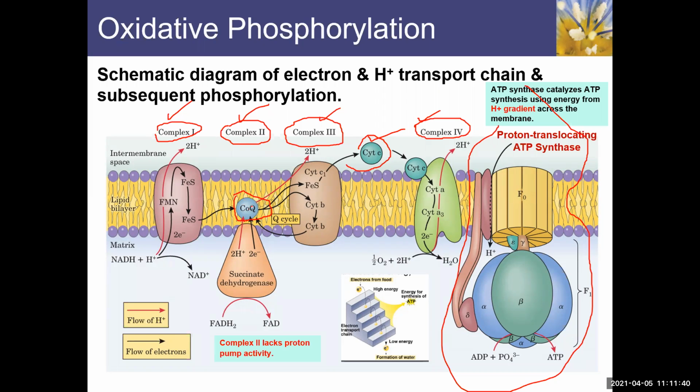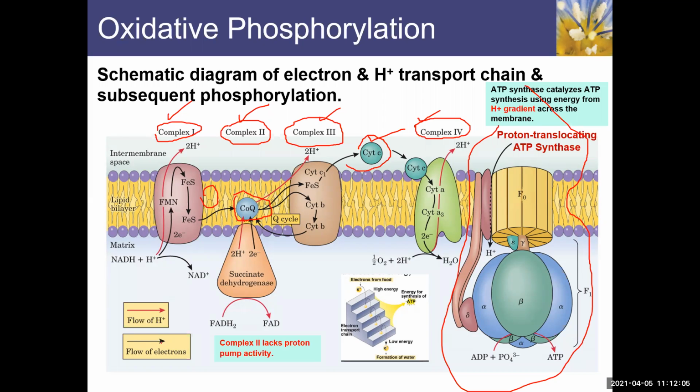As I said, COQ is a mobile carrier. It can move here and there. It can sometimes be associated with this, or it can also be associated with complex 2. So they can be used as oxidizing agents.